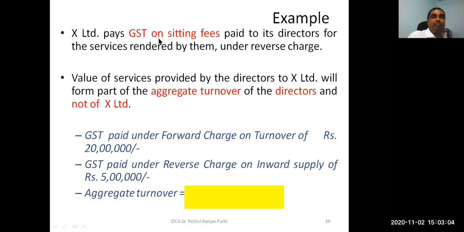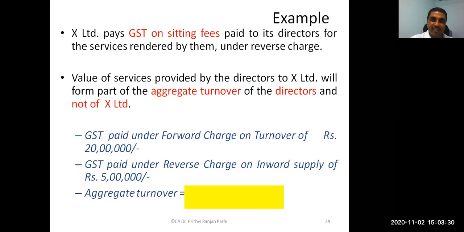Let us say X Limited pays GST on sitting fee. Sitting fee is a kind of fee which is normally paid to the directors. And on sitting fee, RCM, reverse charge, is applicable. That means if you are paying sitting fee to a director, then it is your responsibility to pay GST on that. Are you getting me?